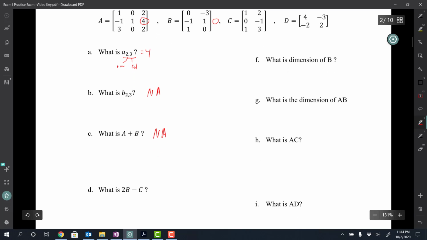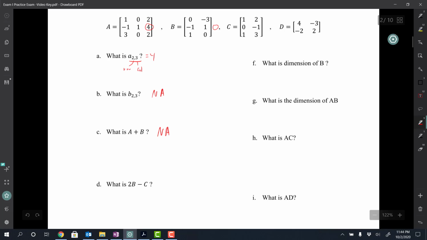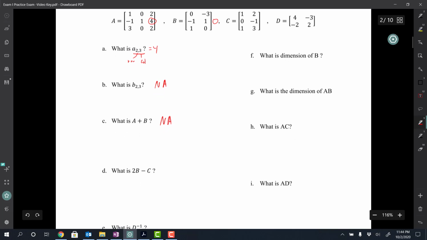Next we have part D, which is 2B minus C. Now when we look at B and C, they're both 3 by 2 matrices, so we should be able to take this linear combination of these matrices here. So in this case, if I multiply the matrix B by 2, I am multiplying each of the components by 2, which will give me this result.